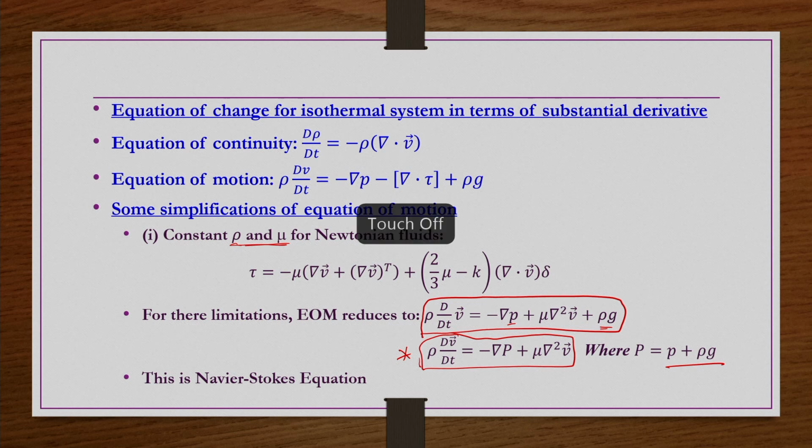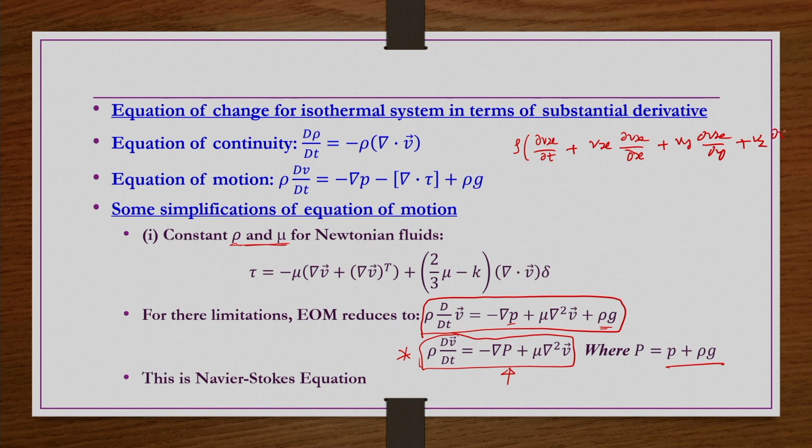Let us say the x component of this Navier-Stokes equation, if you write, you will get rho times dou Vx by dou t plus Vx dou Vx by dou x plus Vy dou Vx by dou y plus Vz dou Vx by dou z is equal to minus dou p by dou x plus mu times dou square Vx by dou x square plus dou square Vx by dou y square plus dou square Vx by dou z square.